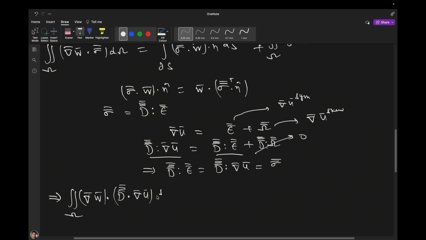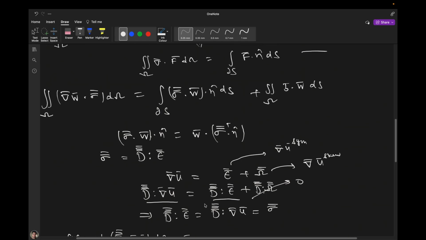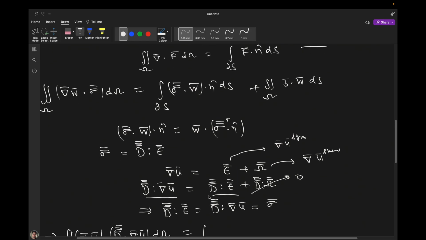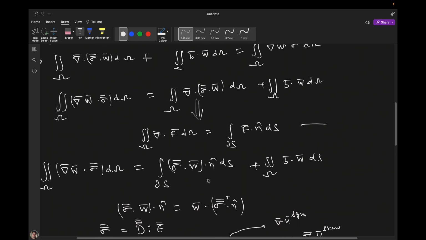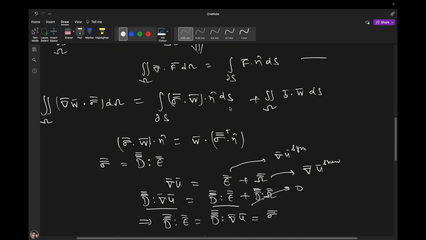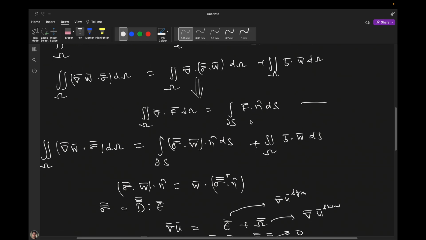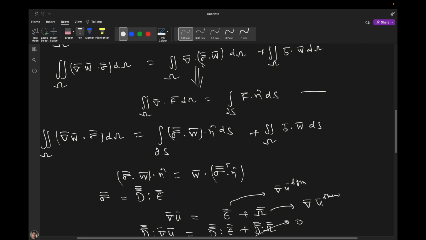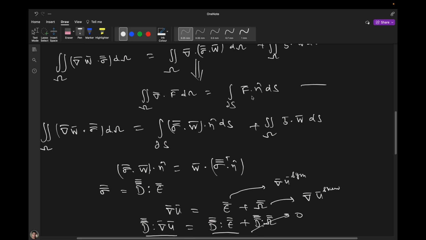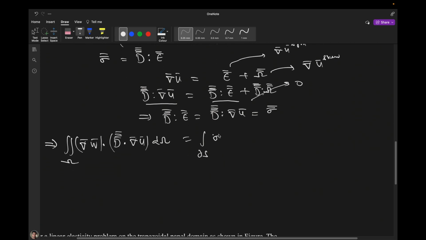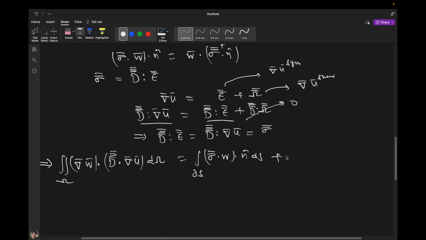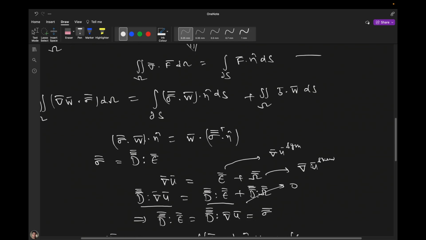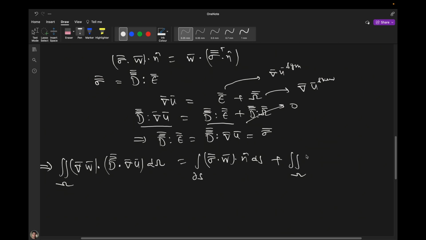Okay, so this will be d omega, and this term will become a line integral. So here this will become f dot n ds, which means sigma dot omega dot n ds, and this term will be as it is, that is the double integral of b bar dot omega bar d omega.